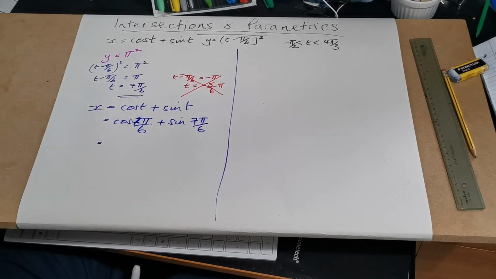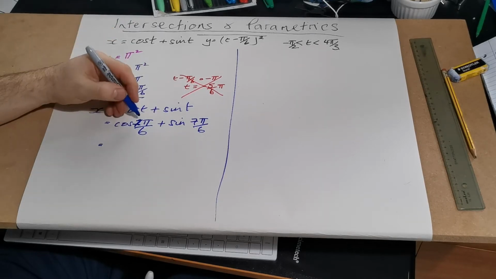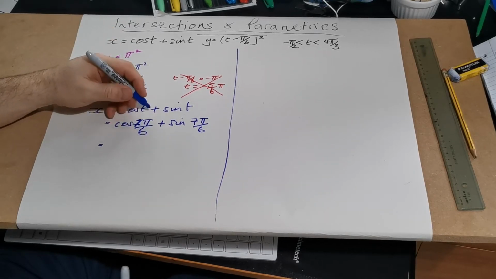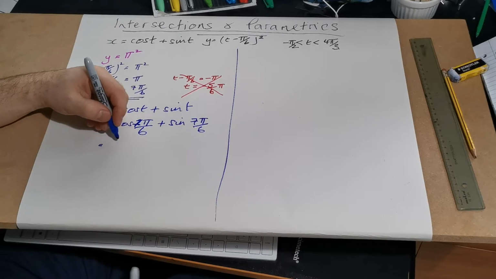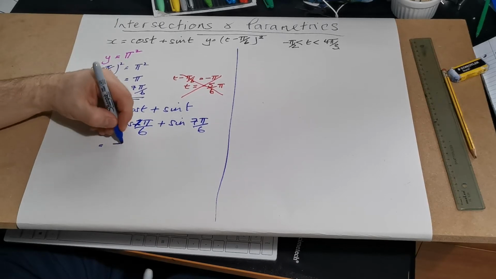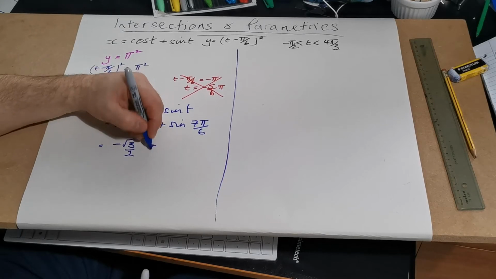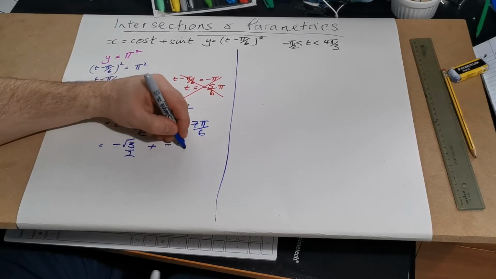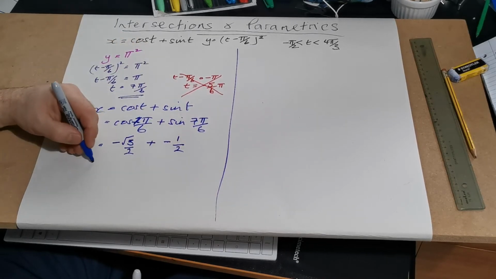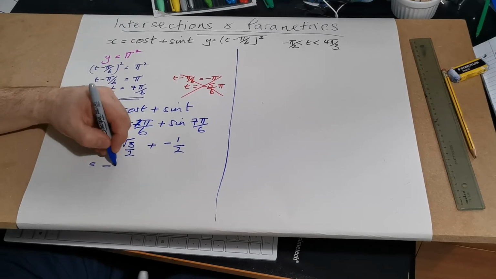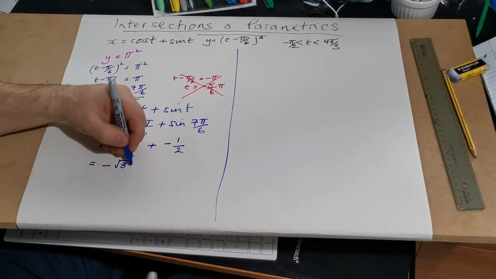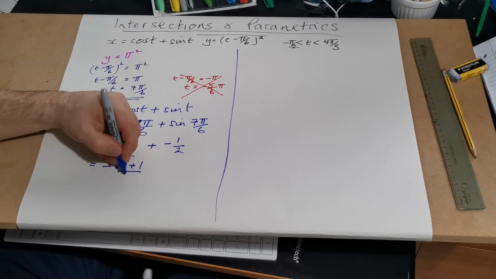Now if I'm thinking about where they are, that's in the third quadrant, and the comparison to pi by 6, so that's minus root 3 over 2 and minus a half, so that comes to minus root 3 plus 1 over 2.